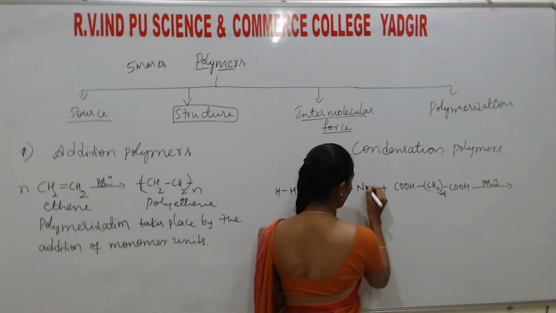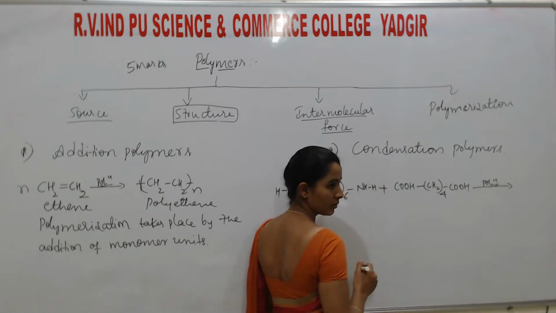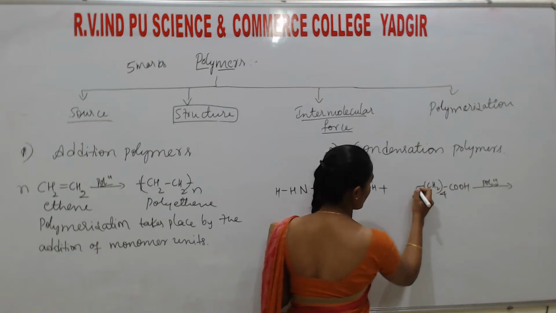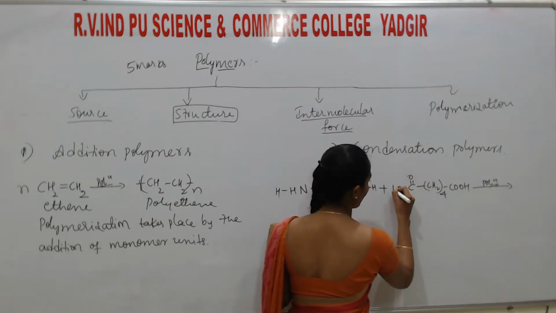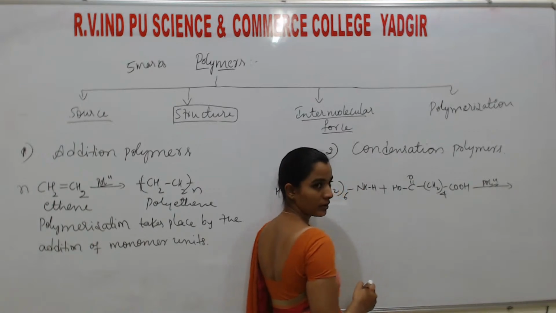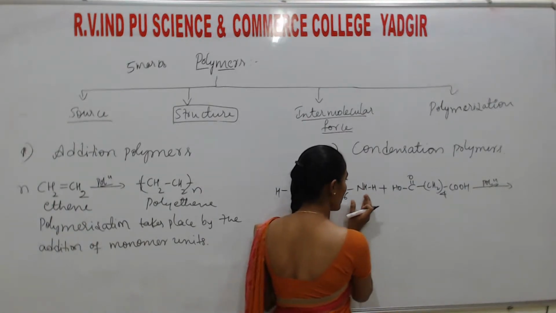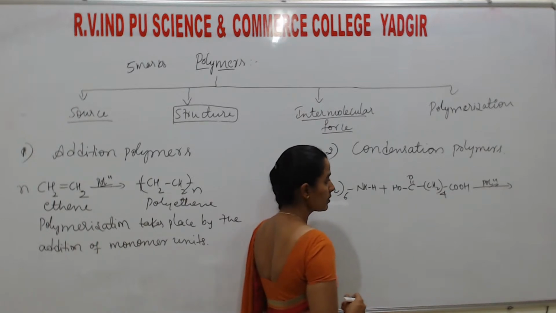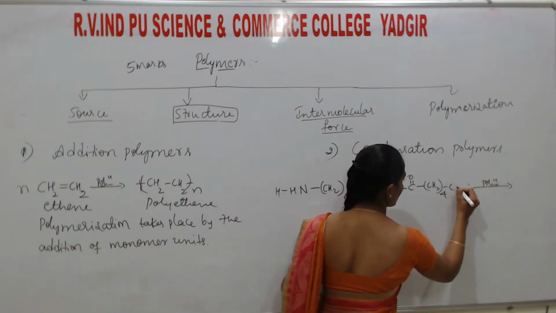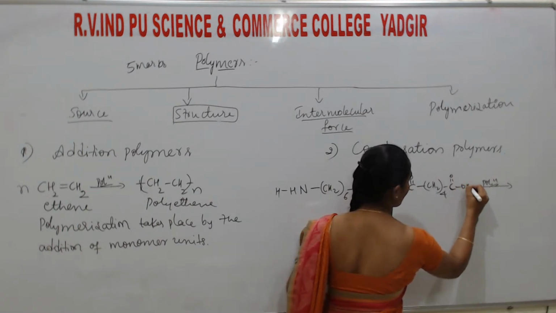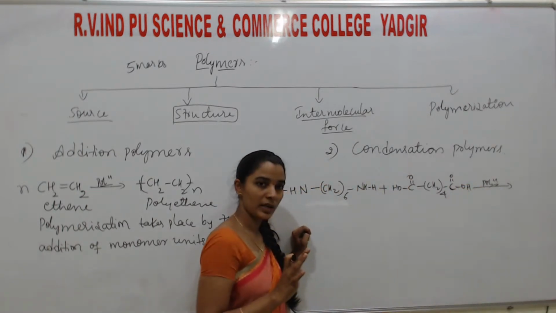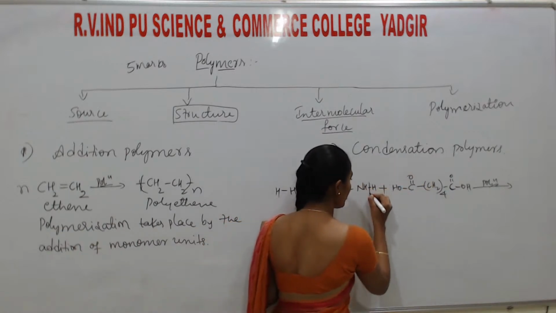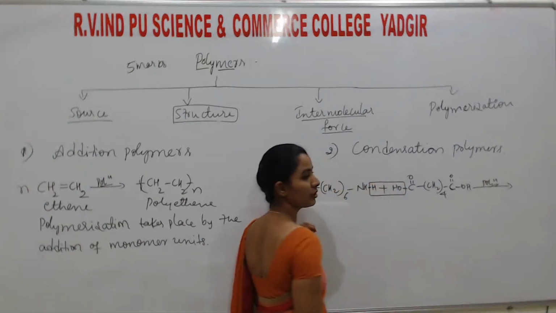Here also NH, H. Here I write this one as C double bond OH. Correct? I am writing the exact structures to show you what is a condensation polymer. Here also you may write C double bond OH, that's the carboxylic acid group. Correct? So condensation means removal of a water molecule.